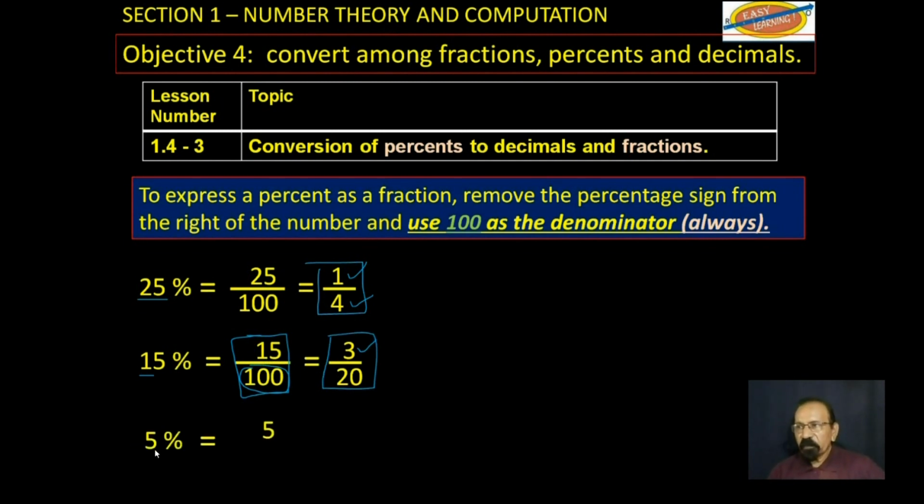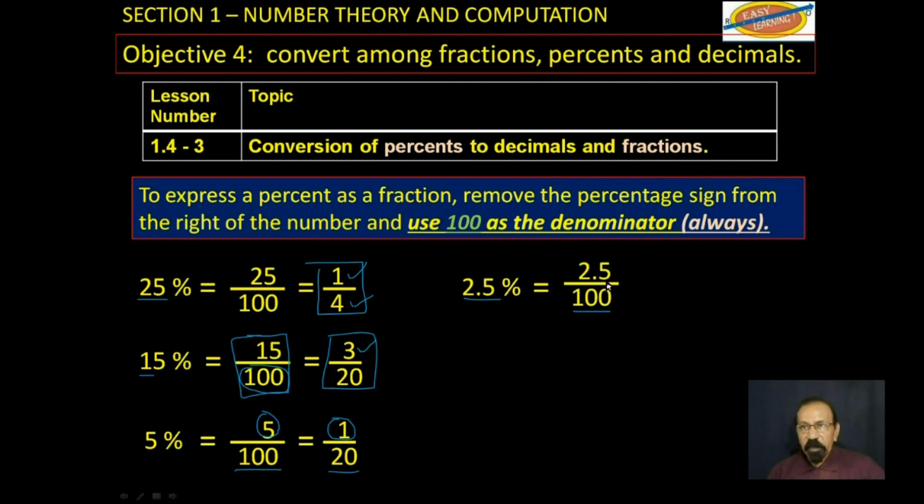5% means 5 out of every 100. That is what it means, which gives us 1 over 20. So 5% is the same as 5 out of every 100, which is the same as 1 out of every 20. Now we come to 2.5%, which is 2.5 out of every 100.